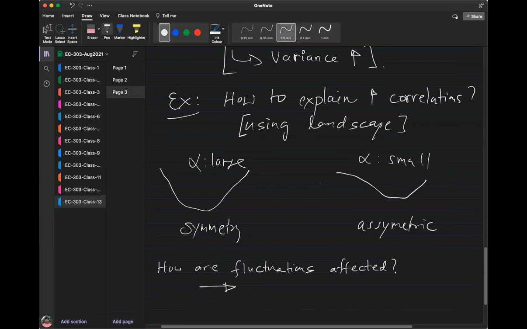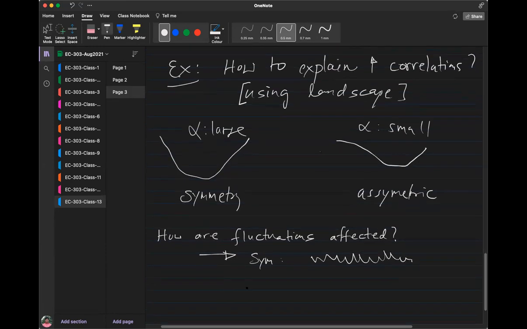Yeah. So basically, here, in the symmetric landscape, the fluctuations will be, sorry, it's a very horrible plot, the fluctuations will be symmetric around the mean. Whereas when you have an asymmetric landscape, fluctuations will get skewed like this.